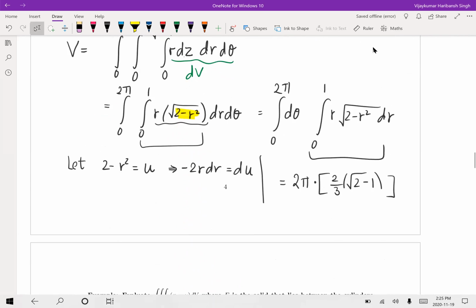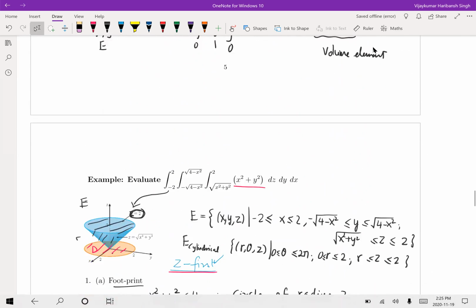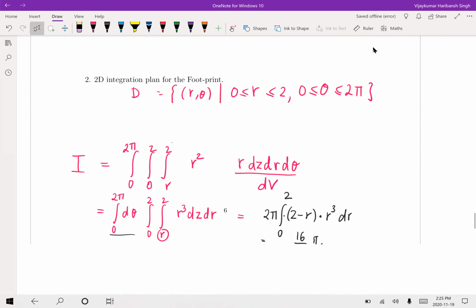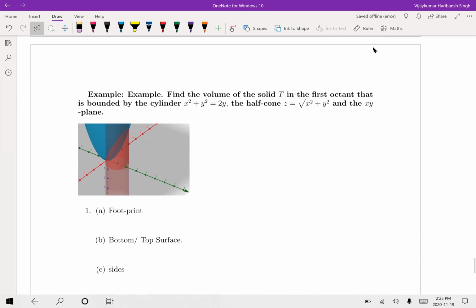All right. Now let's move on to the next problem. Find the volume of the solid T in the first octant that is bounded by the cylinder x squared plus y squared equals 2y, the half cone z equals square root of x squared plus y squared, and the yz plane.